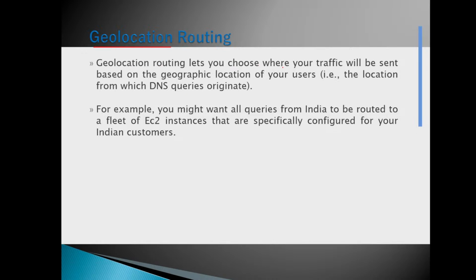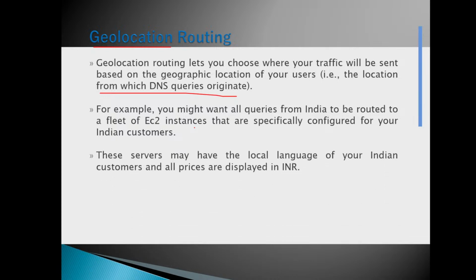Geolocation routing lets you choose where your traffic will be sent based on the geographical location of your user, the location from which the DNS queries originated. For example, you might want all the queries from India to be routed to a fleet of EC2 machines specifically configured for Indian customers.